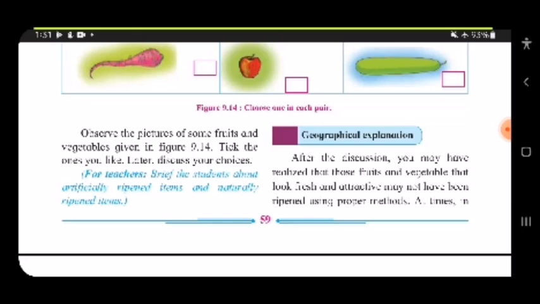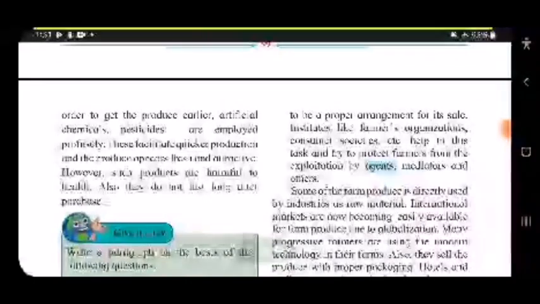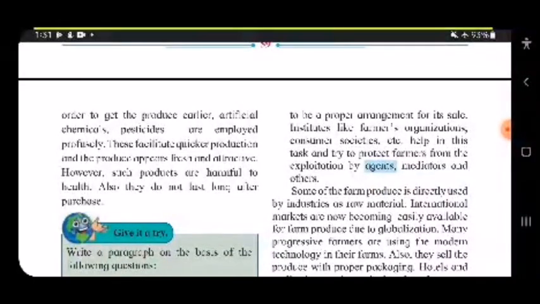Nowadays, what do people do? They put a lot of chemical fertilizer, and the fruits get ripe faster, right? Some fruits don't even have taste nowadays, because of the use of lots of chemical fertilizers. At times, in order to get the produce earlier, chemicals and pesticides are employed profusely.